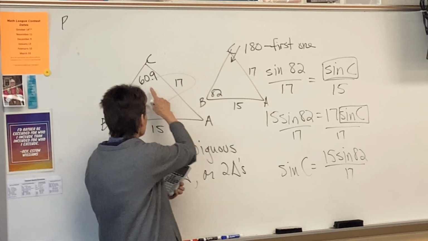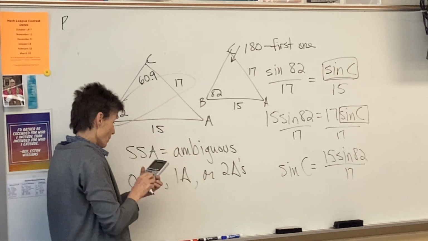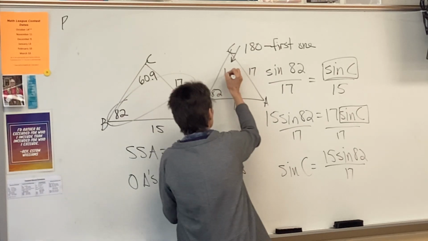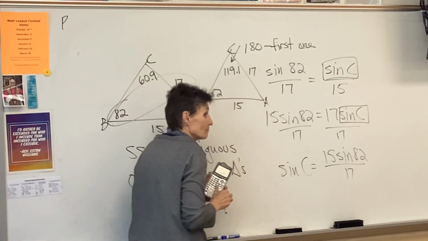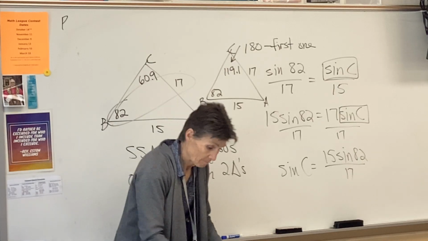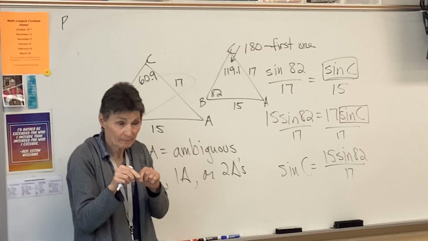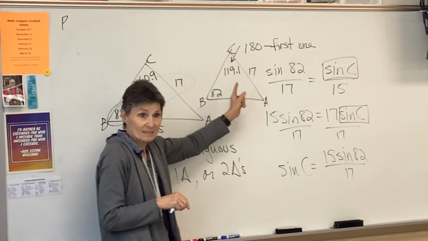So this was my first angle. So 180 minus that is 119.1. Okay, so remember, if there is a second one, it is 180 minus the first one.